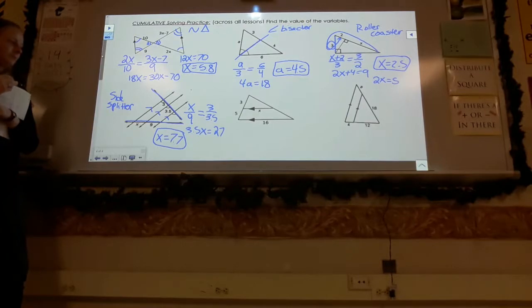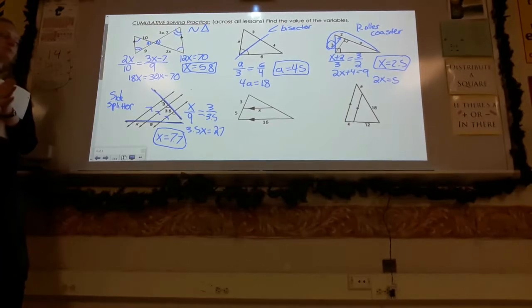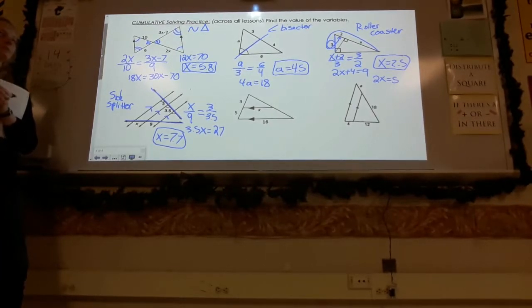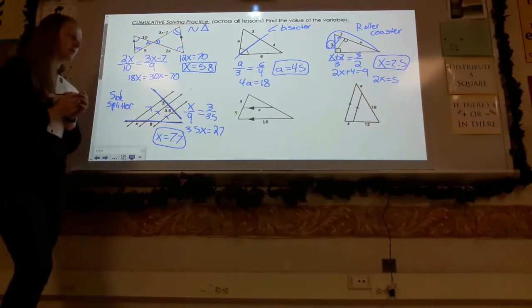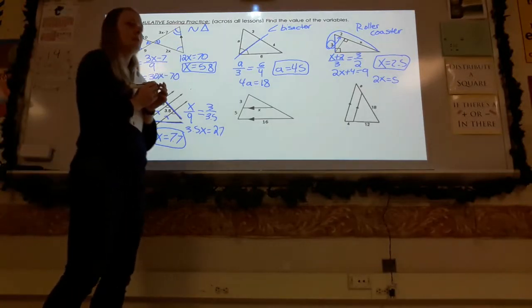Okay. What about this next one? Okay, we're going to be writing proportions for all of them. I'm just wondering what kind of scenario this one is. It is similarity.